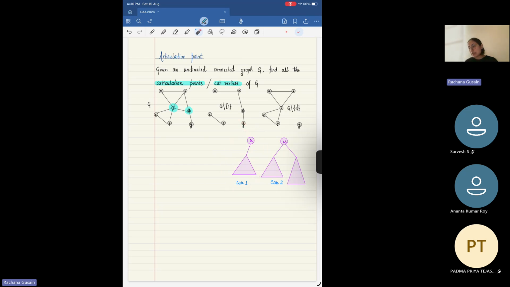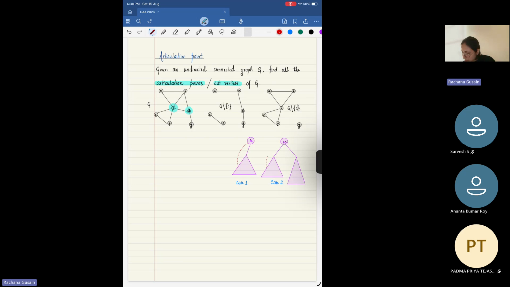In this case, our claim is that U cannot be an articulation point. Does everyone see that? And remember, there can be back edges as well, right? So from a node somewhere in the subtree, I can have an edge coming back to U. That is possible, right?